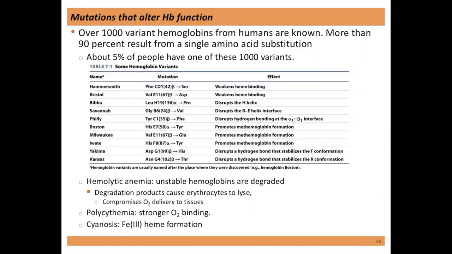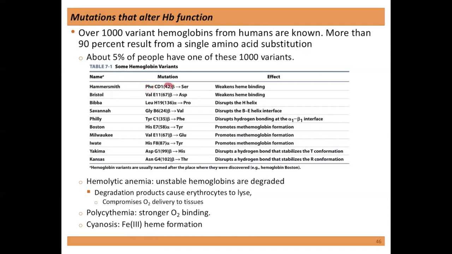So if you know 100 people, 5 of them should have some type of variant. And so how they name these is the place where they were discovered, such as Hammersmith in England or Bristol. How they indicate it is the amino acid that was there.